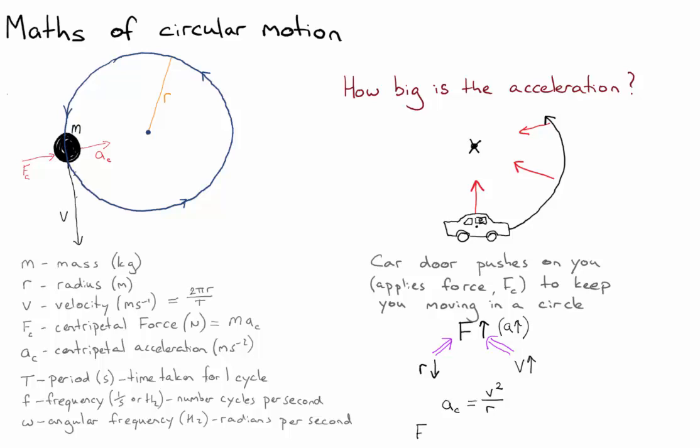Because force equals mass times acceleration, centripetal force depends on the mass, the velocity squared, and r in that way. And that, even though it doesn't look like it because it's tucked right at the bottom of the page there, is the key equation, or they're both the key equations which describe circular motion.